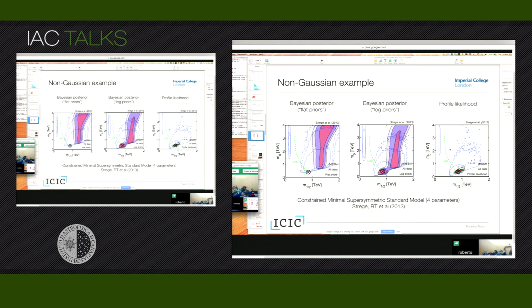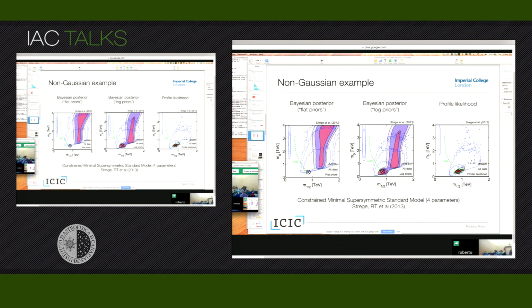There's your scientific inference. If you look at the profile likelihood result and you forget the Bayesian, you conclude that the upgrade of the LHC that's going to restart next year is going for sure to test this model, because this line here tells you what is the current limit of the LHC, and when it upgrades to 14 TeV center of mass energy, it's going to cover this region for sure, and so you're done.